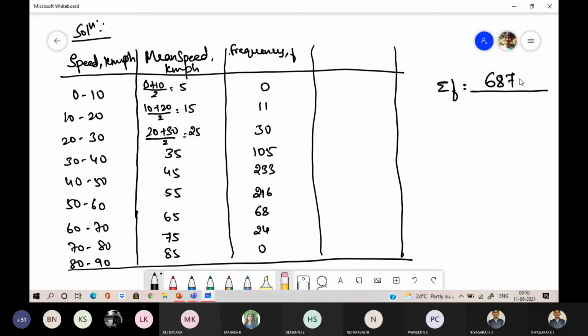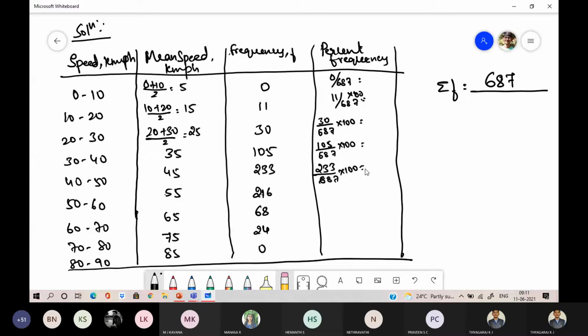Yes. Okay. Now the next one is percent frequency. How are you going to calculate the percent frequency? 0 divided by 687, 11 divided by 687 into 100, 30 by 687 into 100, 105 divided by 687 into 100, 233 by 687 into 100.